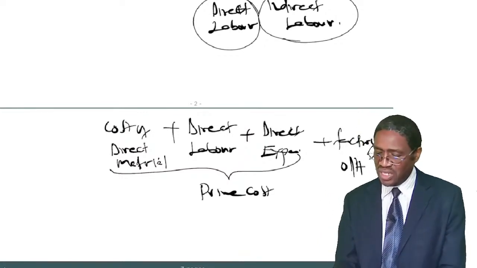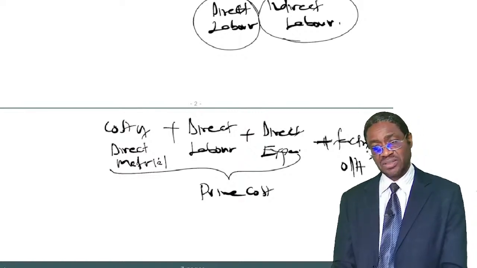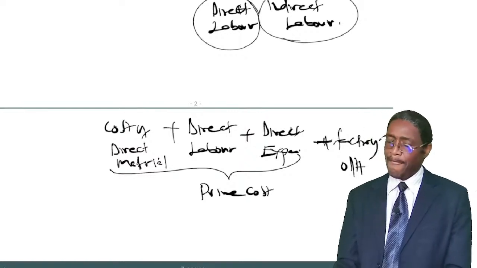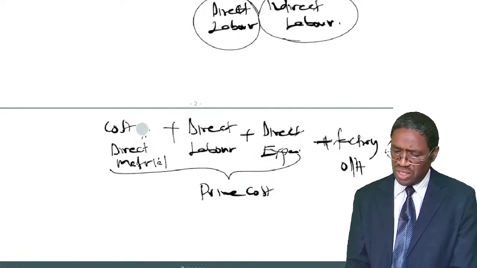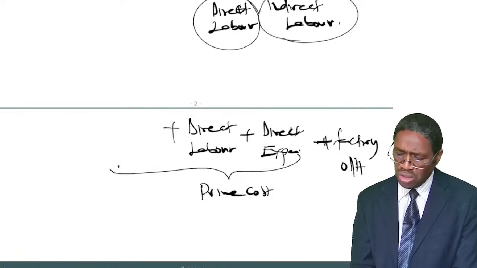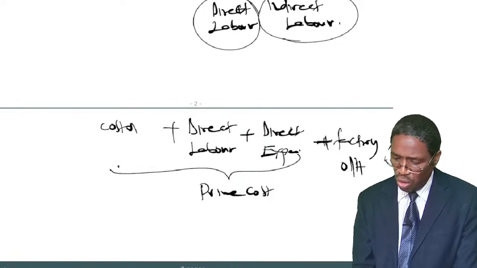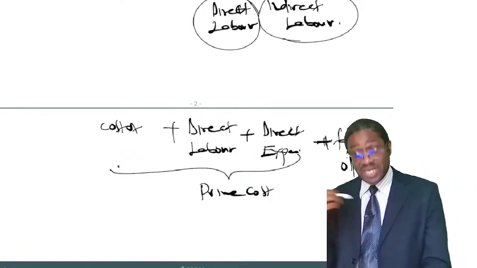Then you add all the other factory expenses. Now, when we talk about cost of direct materials, direct materials are the raw materials, of course.